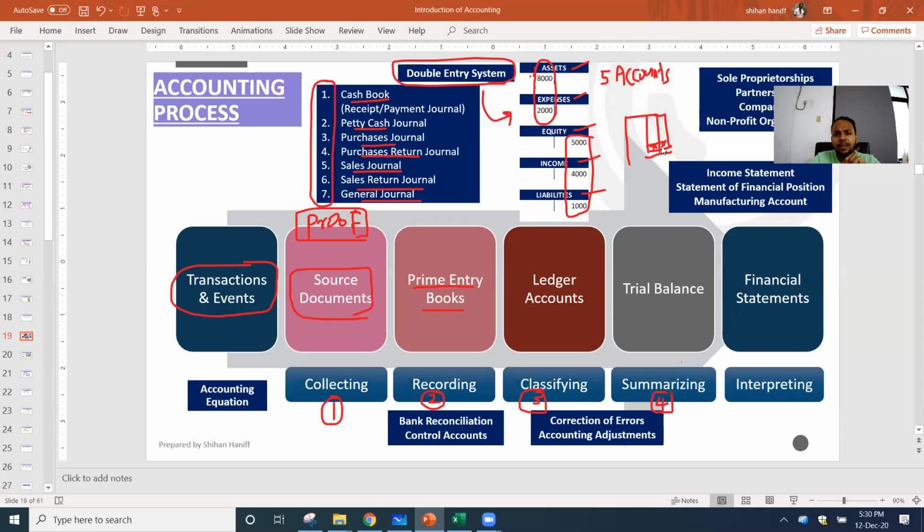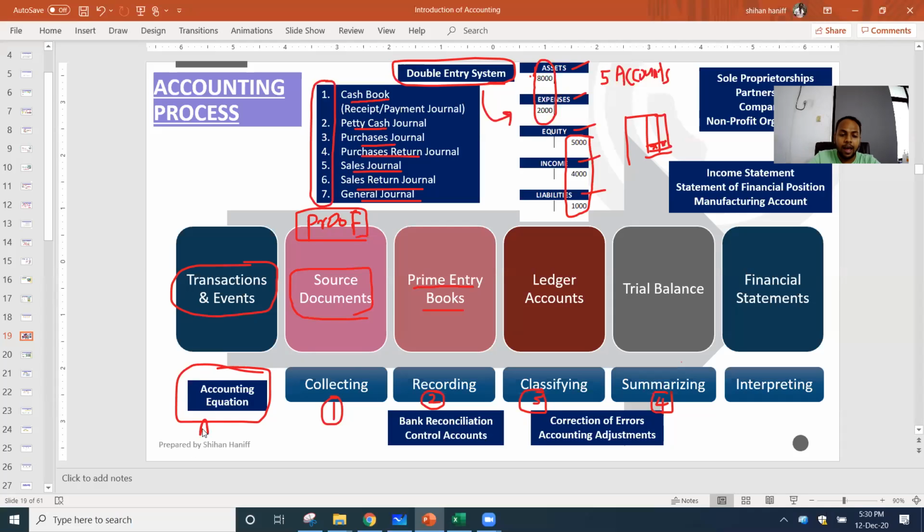Every transaction that you record will have a debit entry and a credit entry. Therefore, if you debit one account, another account will definitely be credited. So debit should be equal to credit. You learn this point initially in the accounting equation.